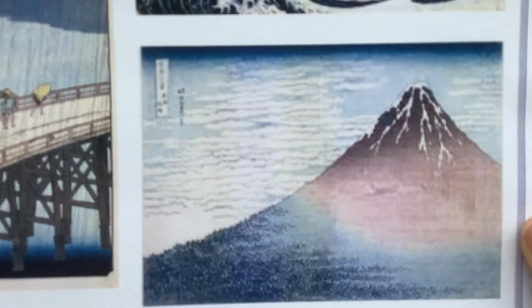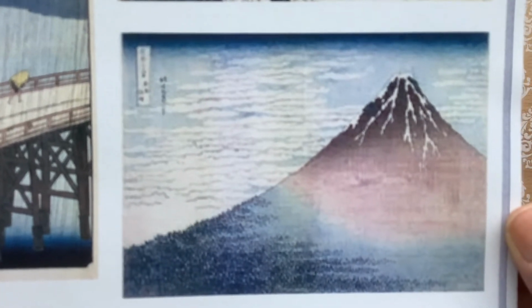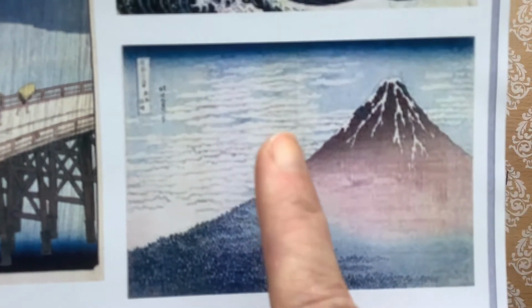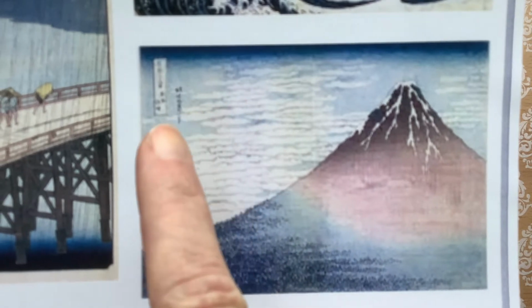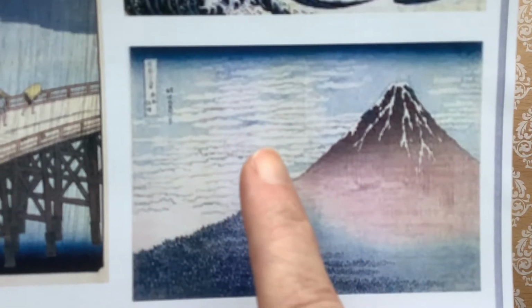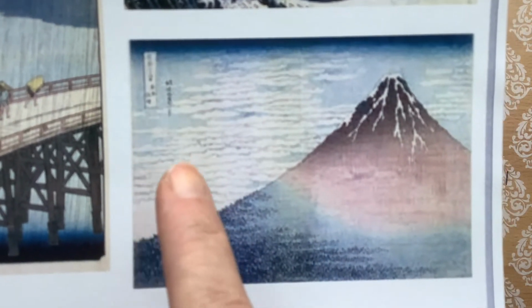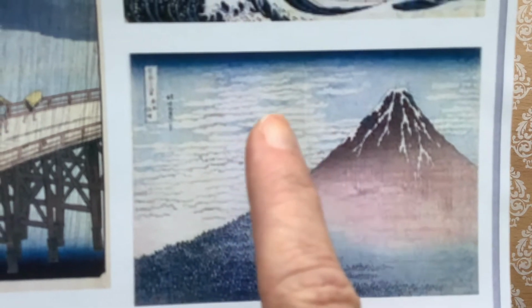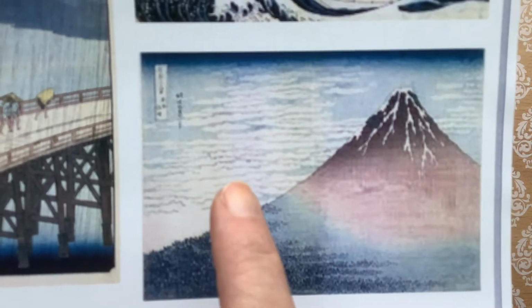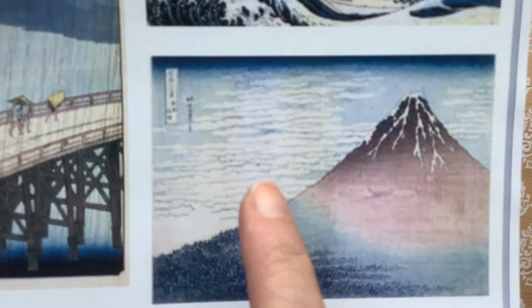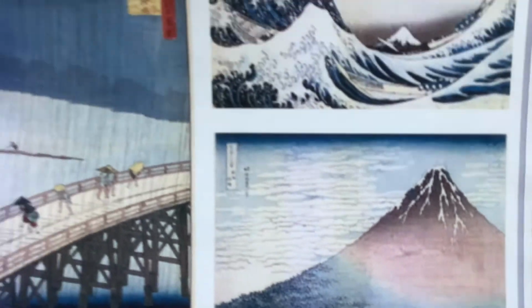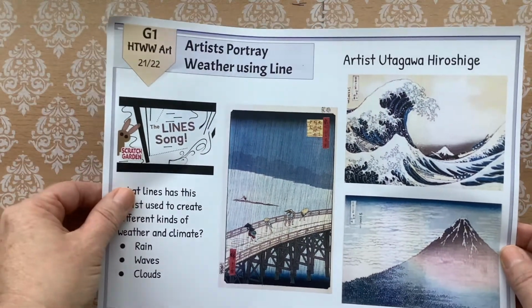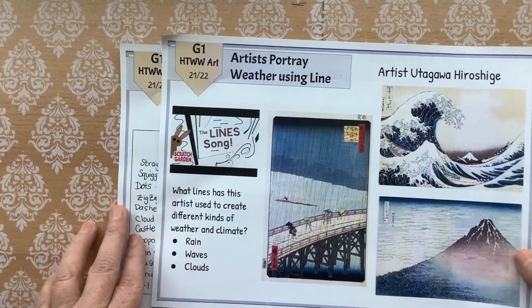And here, around the volcano, he's got these clouds, right? What kind of clouds do they remind you of? Do you think it's a gentle breeze that's blowing? Do you think that maybe it's a hard breeze or a hard wind? So this artist has used these different lines to create the weather patterns here.